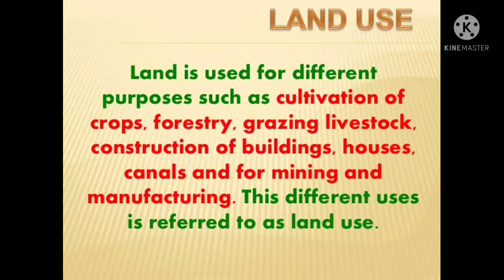Students, land is used for different purposes such as cultivation of crops, forestry, grazing livestock, construction of buildings, houses, canals, and for mining and manufacturing. These different uses are referred to as land use.